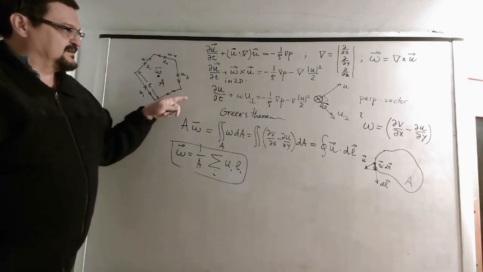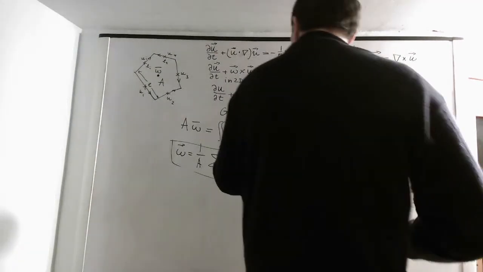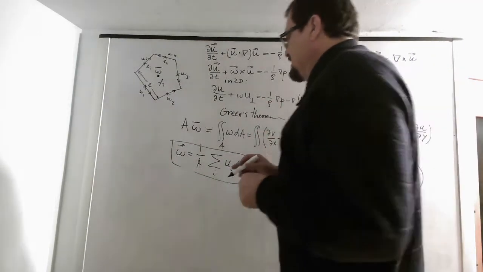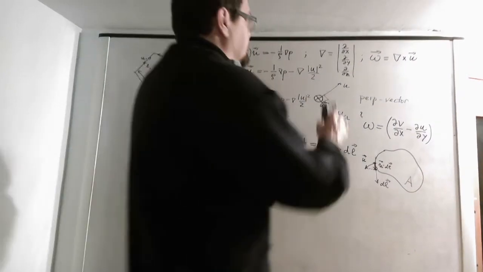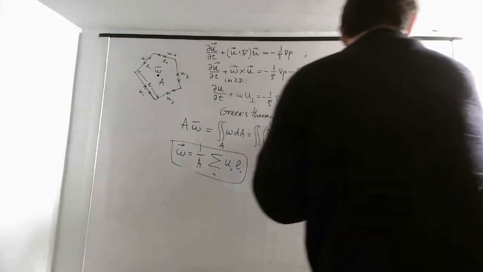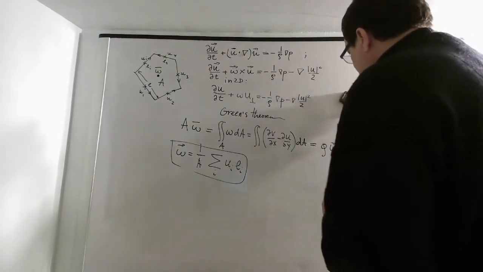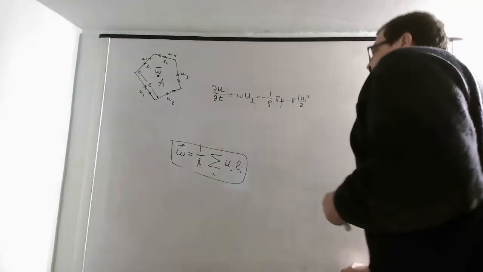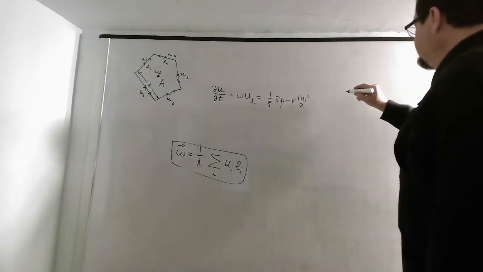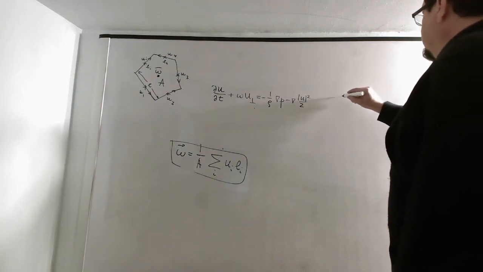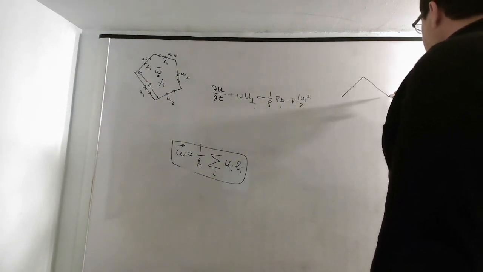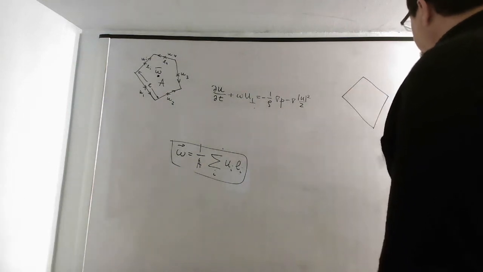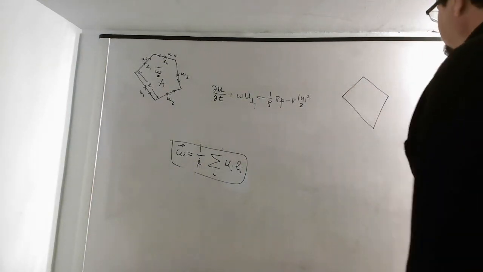Now let's look more closely into this equation. We consider only this equation here. Let's consider some non-uniform grid that consists of quadrilaterals, triangles, whatever you name it.